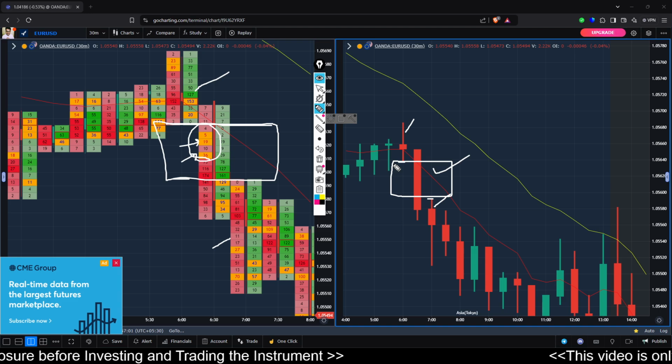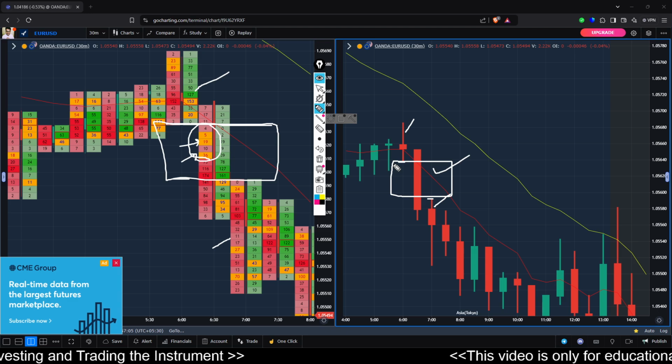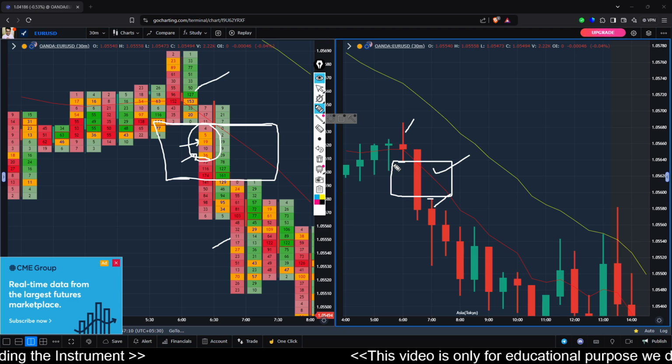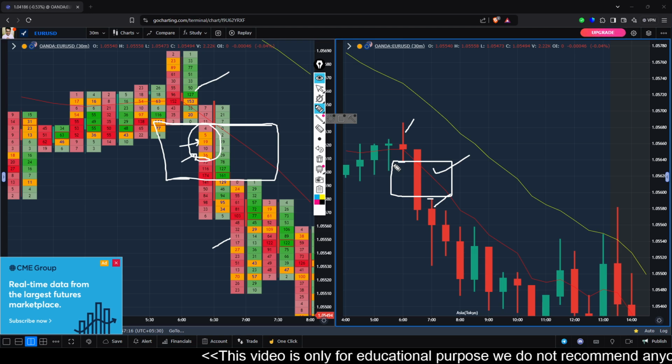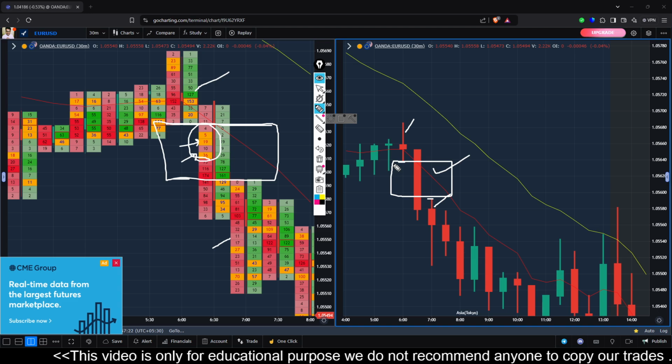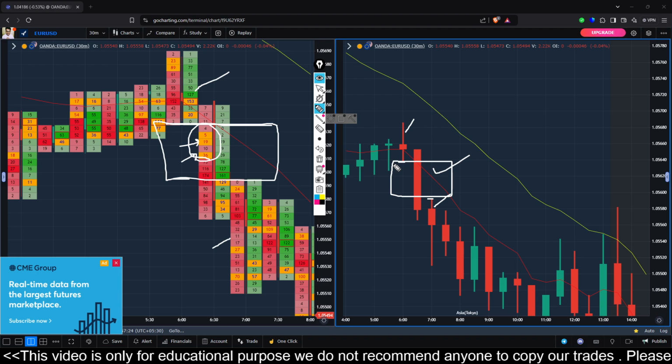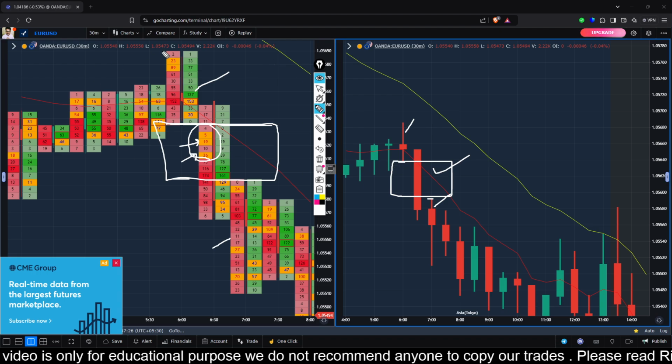The only thing is you just need to learn how order flow footprint works. So this is one strategy comparison between the smart money concept imbalance and order flow, and how you can improve your imbalance or fair value gap accuracy by combining the order flow concept.